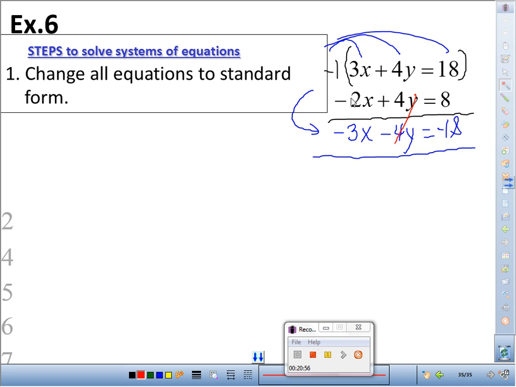Cancels. -2 and -3, what is that? -5x equals, what is -18 plus 8? -10. And let's solve for x. Divide by -5. Divide by -5. X equals 2. Which equation do you want to use?